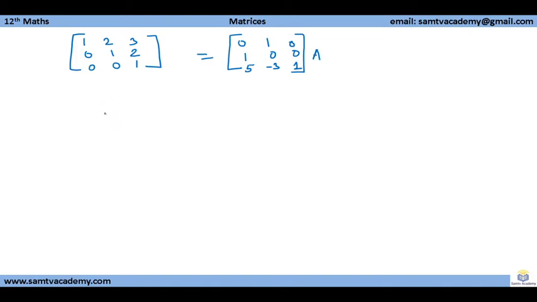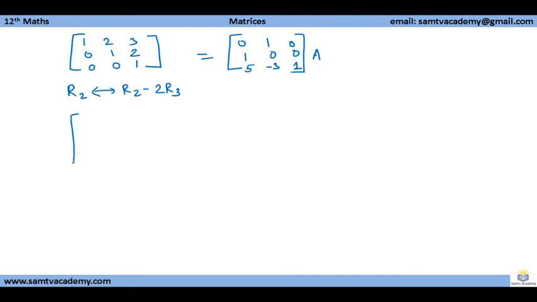Next step, what we will do, we will do R2. Now we have to make these 3 elements 0. So we will perform this: R2 will be replaced with R2 minus 2R3.